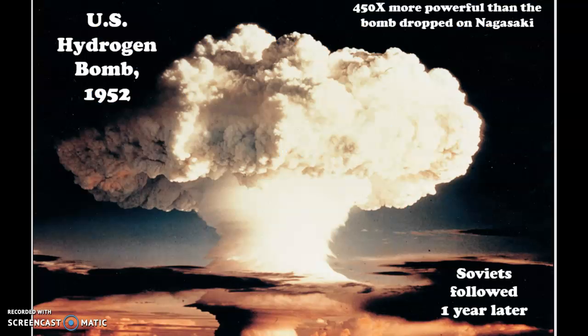And this definitely included, like I said, nuclear weapons, including much bigger, more powerful ones like the hydrogen bomb. The US perfected this technology here in 1951. The Soviets followed a year later. This is a picture here of a hydrogen bomb test. It's about 400 to 500 times more powerful than a regular atomic bomb like the one we used in Hiroshima or Nagasaki.